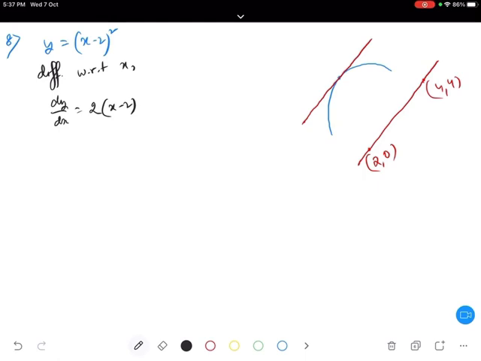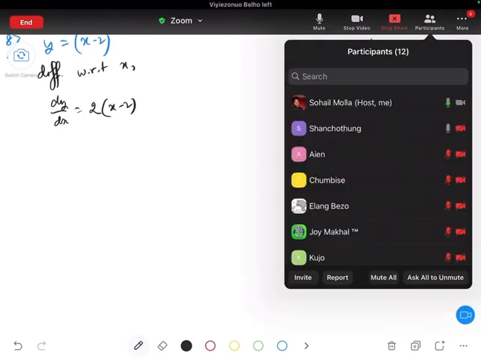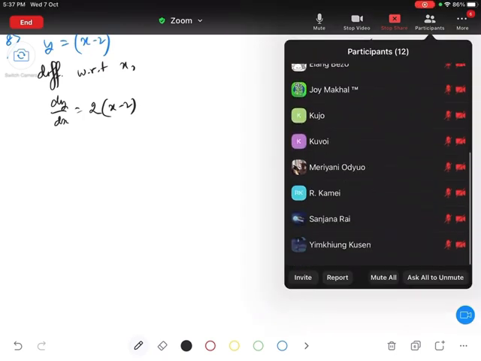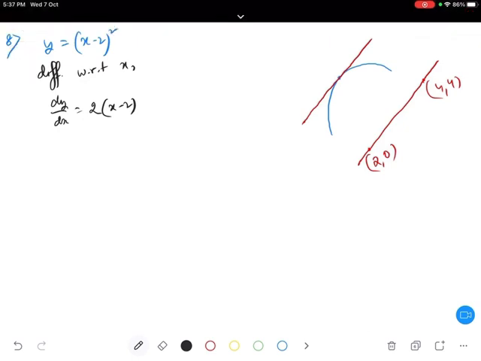Now can anybody tell me what will be my next step? Come on guys, tell me what should be my next step. What should be my formula of slope? Very good. I will find the slope of the chord by using the formula (y2 minus y1) divided by (x2 minus x1).